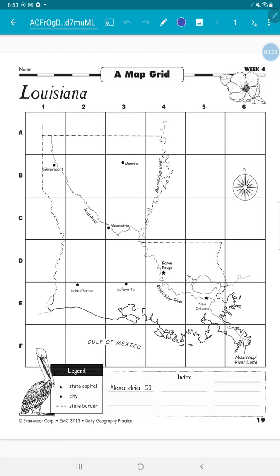Yeah, it's this river that runs across the state before joining the Mississippi River, which forms the border. So I would literally just count the squares and see how many squares it crosses before it comes over and joins the Mississippi River.